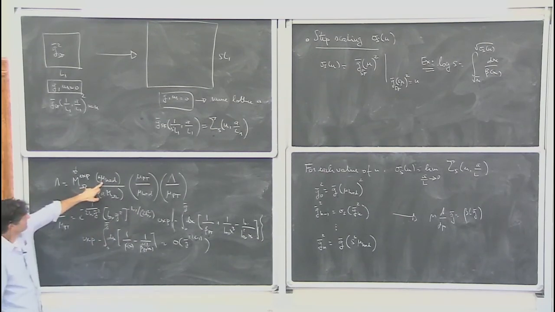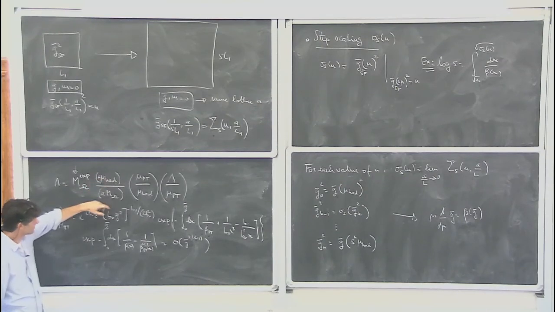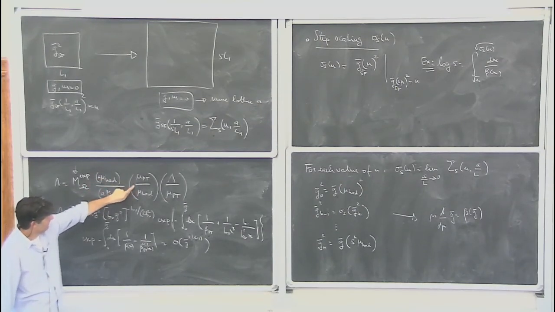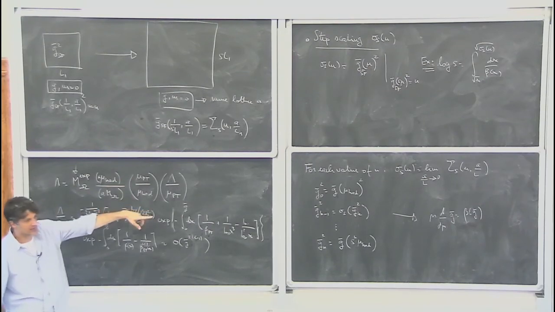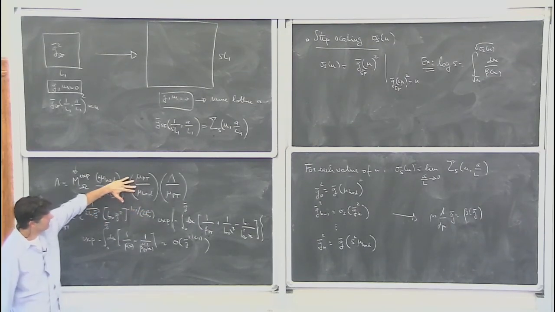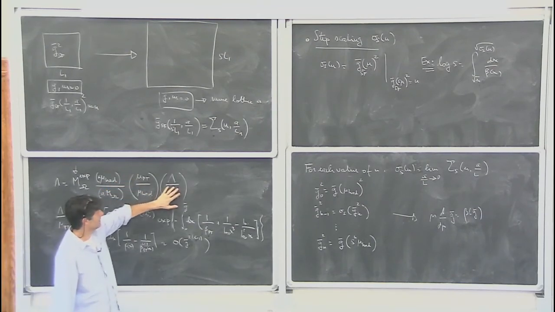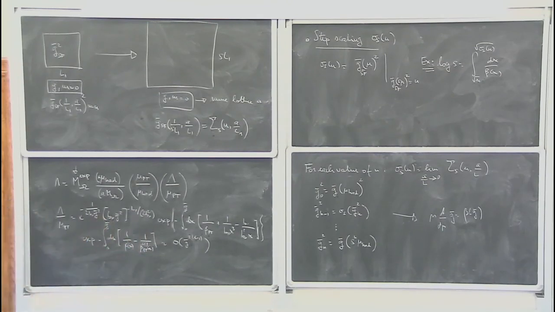But that's fine, because this is a hadronic scale. So you don't have a huge hierarchy of scales when you compute this. The hierarchy of scales is taken care of by the step scaling. So this is done using finite volume techniques. The running from the hadronic scale to a high scale is done using finite volume techniques. And then once you are at the high scale, you can use perturbation theory with confidence.